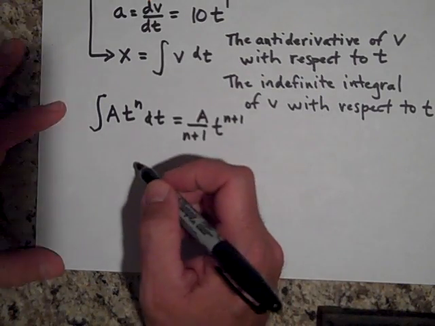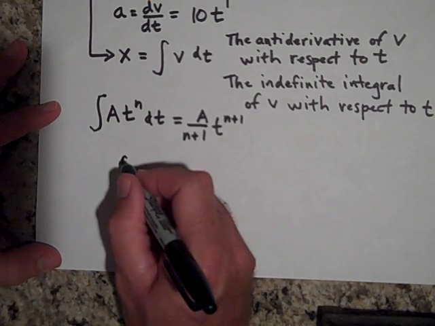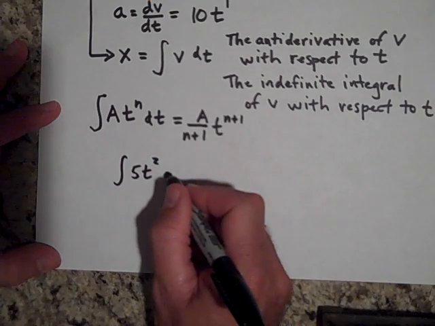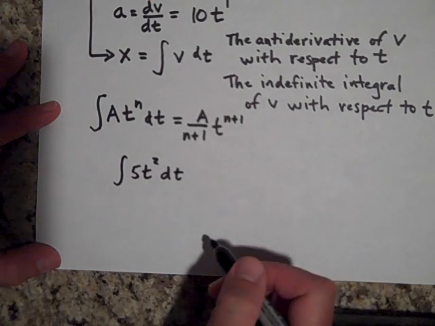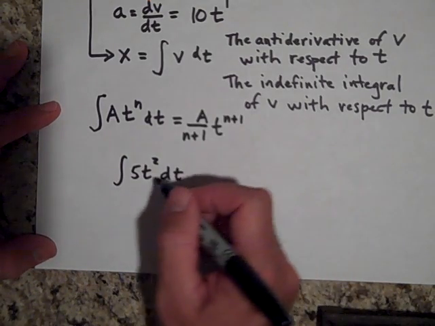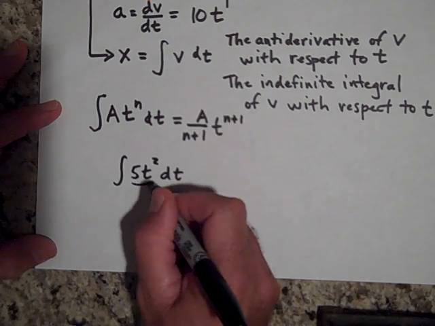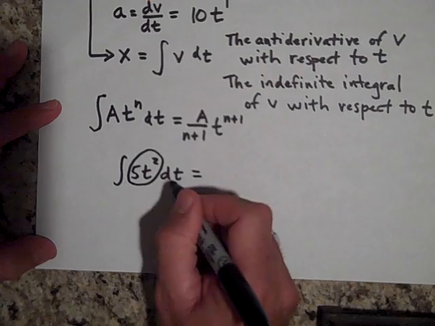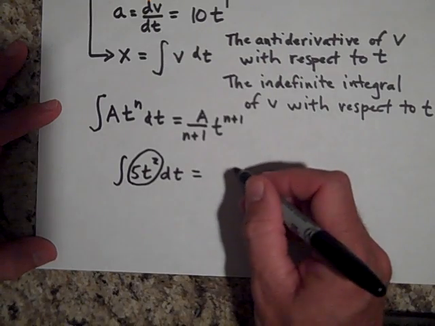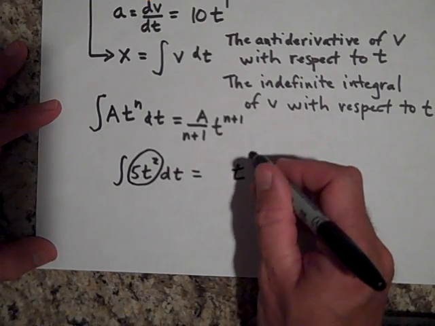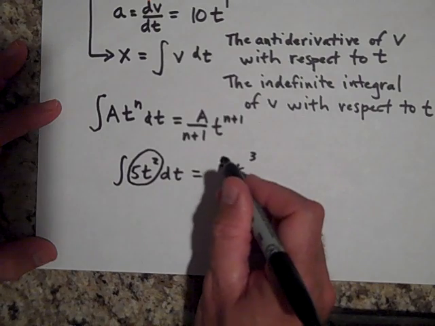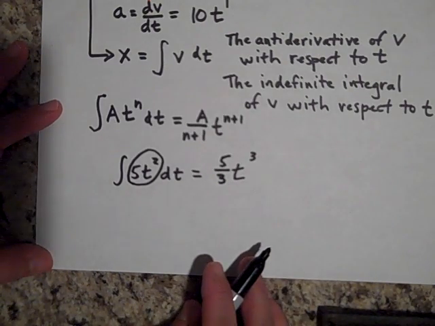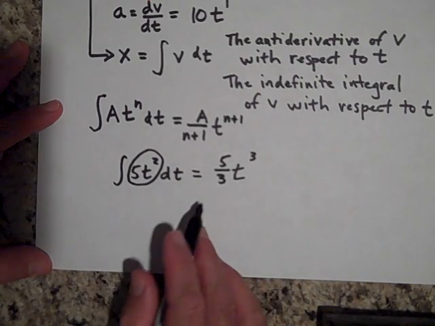And so if I want to take the antiderivative of 5t squared with respect to time, I am going to take just the antiderivative of this guy, with respect to time. So the antiderivative of that is t cubed, and then I'll take that 5 and divide it by 3. That is the antiderivative of that.